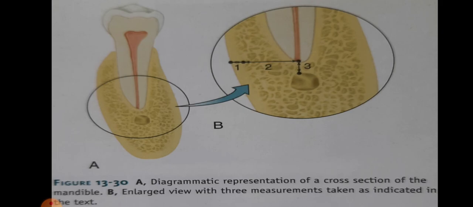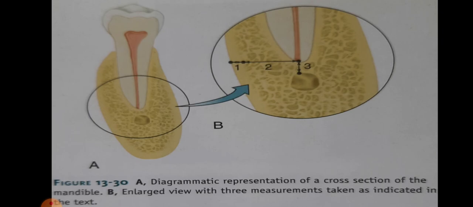This is figure 13.30, with picture A showing the diagrammatic representation of a cross section of the mandible, and picture B showing the enlarged view with three measurements taken as indicated in the text.